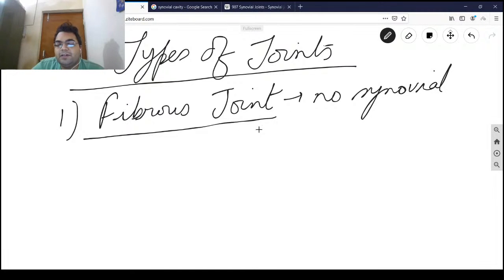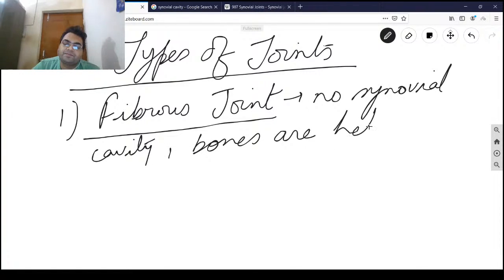Good neat question also. There is absence of synovial cavity, and bones are held together by dense irregular connective tissue.